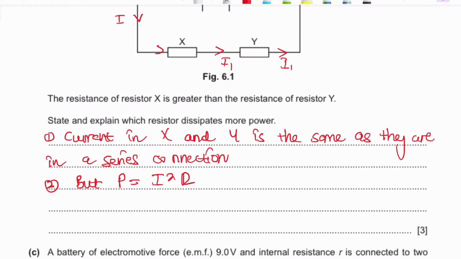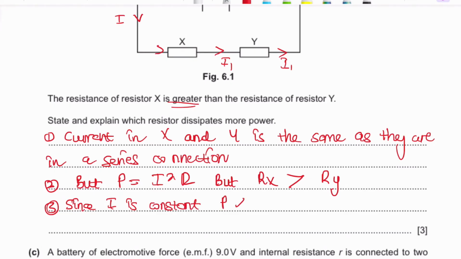So if we're looking at power equal to I squared R, right? The resistance of X is actually greater than the resistance of Y. We've already been told that the resistance of X is greater than the resistance of Y, right? Therefore, since I is constant, the power is directly proportional to the resistance.